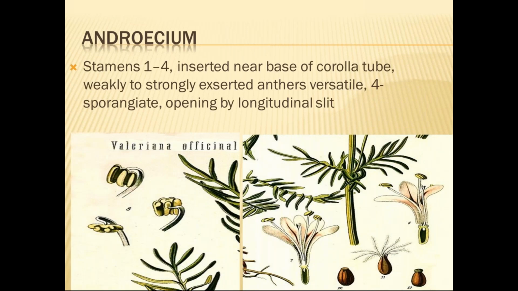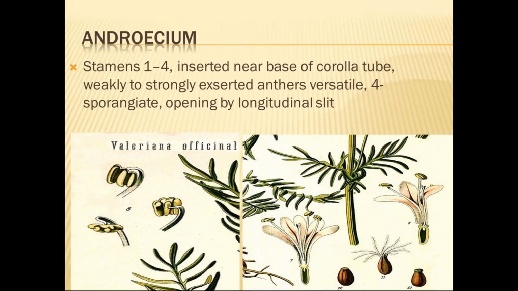Then the important characteristic is the androecium. The stamens are 1 to 4, inserted near the base of the corolla tube, with weakly to strongly exserted anthers, versatile, 4 sporangiate, opening by a longitudinal slit. The stamens are a maximum of 4, that is 1 to 4, inserted near the base of the corolla.